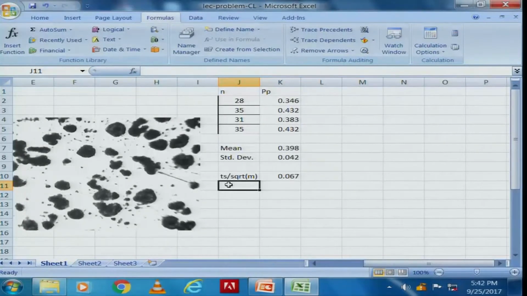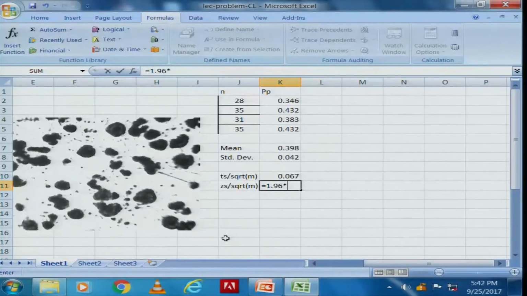If I had done it for the normal, then it will be z s divided by square root m, and now instead of using t as 3.182, I am going to use z as 1.96 multiplied by the standard deviation divided by again square root of 4, 2, and that gives me 0.041.